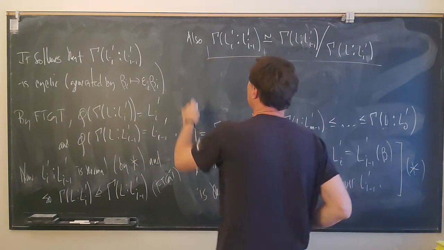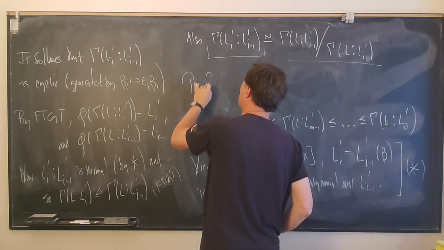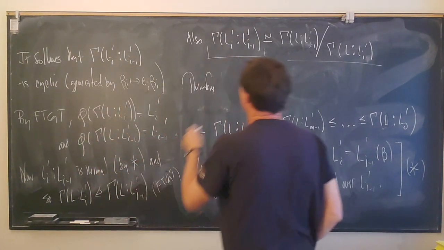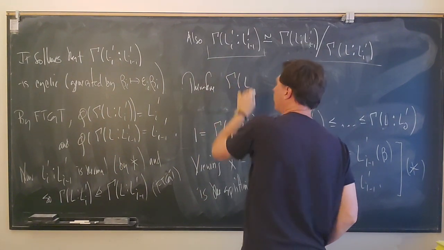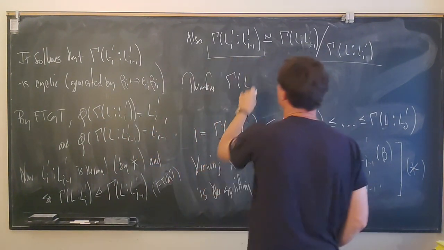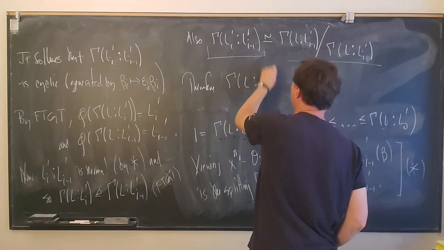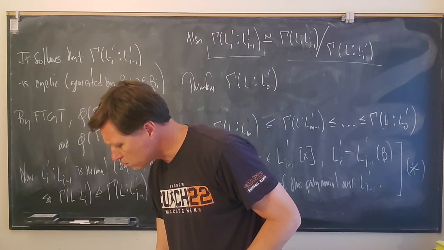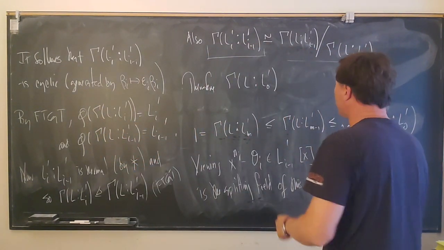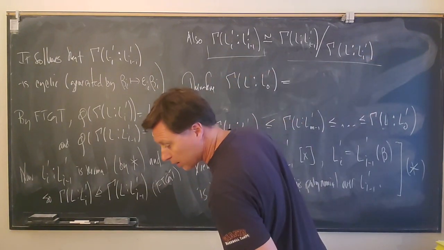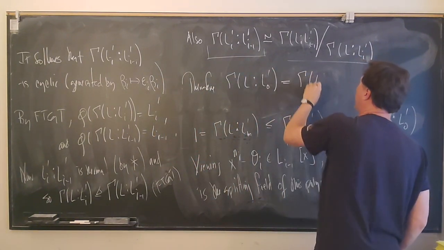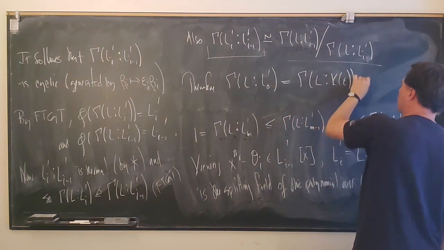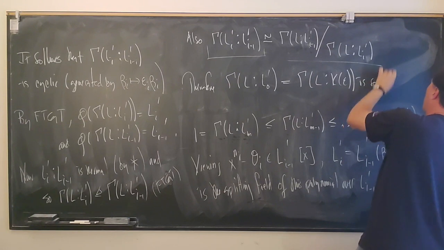So we can say, therefore, gamma of L over L_0 prime, that's the ending point right here, which is equal to gamma of L over K adjoin epsilon, is solvable.